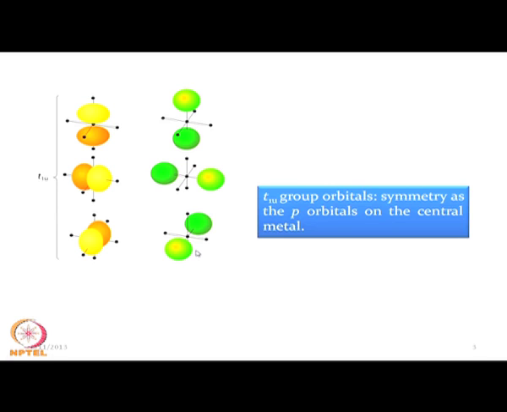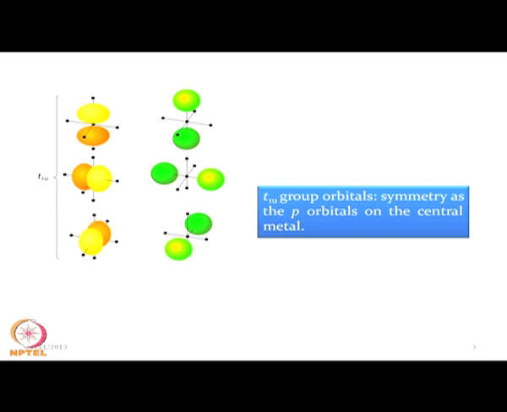In ligand field theory, the p-p interaction is permissible for strengthening the metal-ligand interaction and providing an energy level for the T1u set, that means the p orbitals on the metal atom or ion, which can be utilized for interacting with the ligand orbitals to give a head-on overlap, and this head-on overlap can provide the sigma bonding interaction.